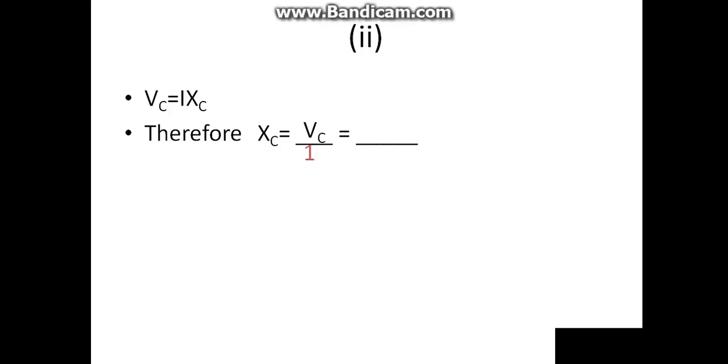II. In II, we are told to calculate the capacitance of the capacitor. To calculate the capacitance of the capacitor, VC is equal to I XC. Therefore, XC is equal to VC over I, which equals 1 over 2 pi FC. Making C the subject of the formula, we now have C equals I over 2 pi F VC.